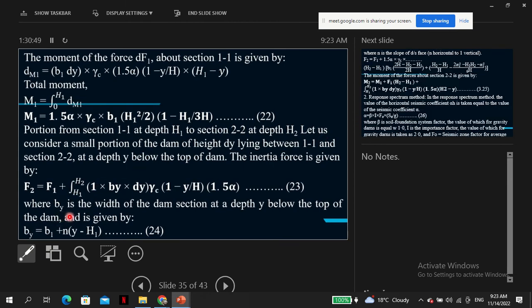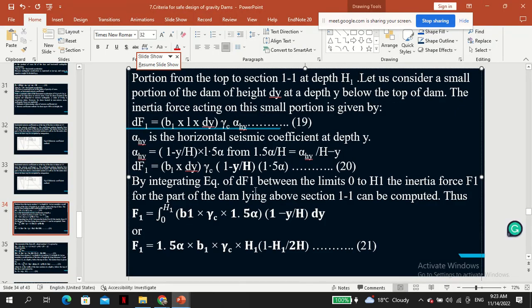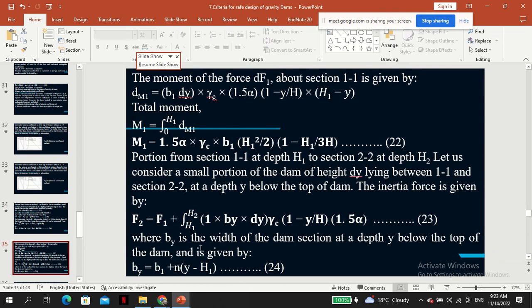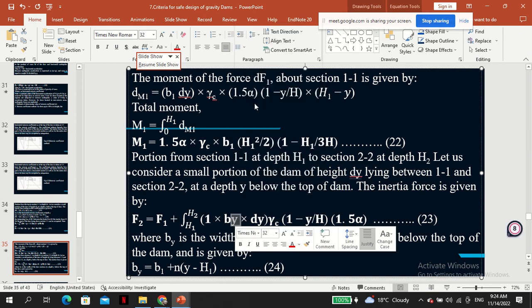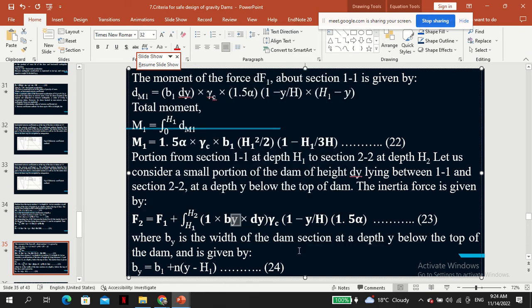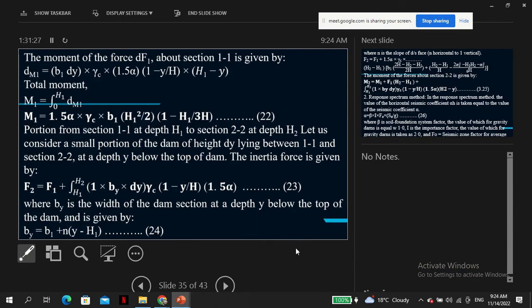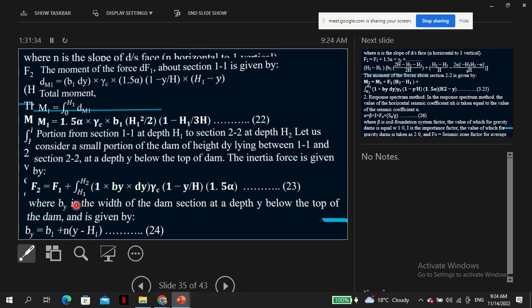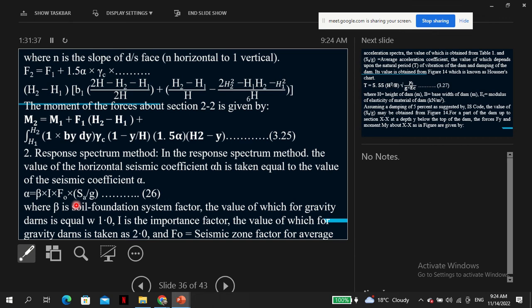This is what we are doing, whereby by is the width of the dam section at depth y below the top of the dam, and is given by the equation there, where n is the slope of the downward slope.